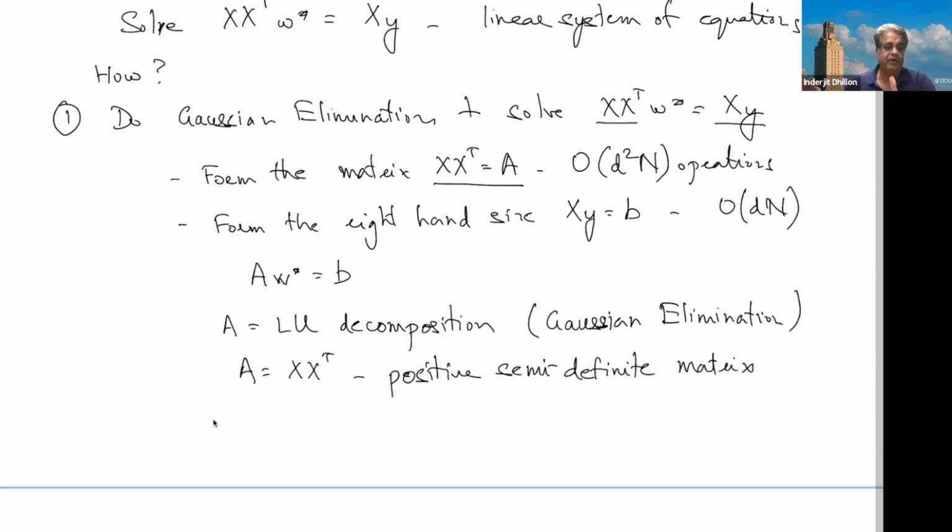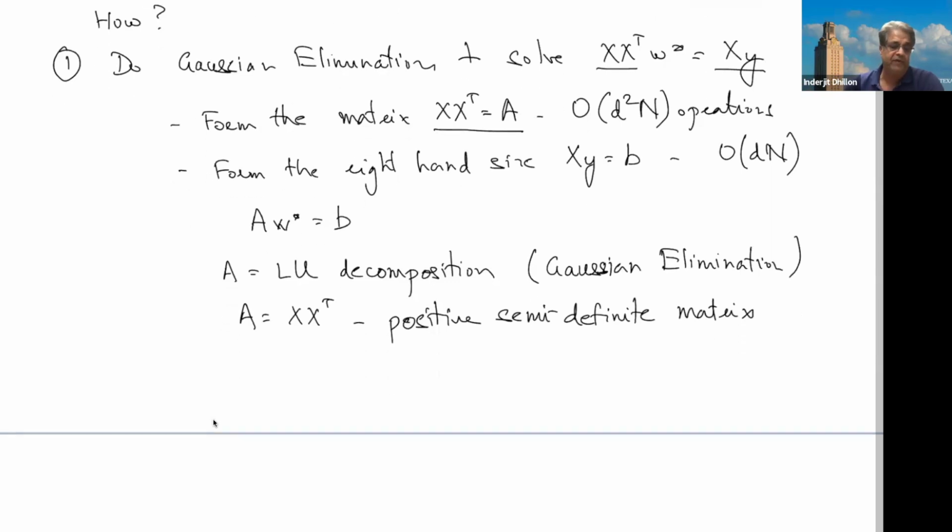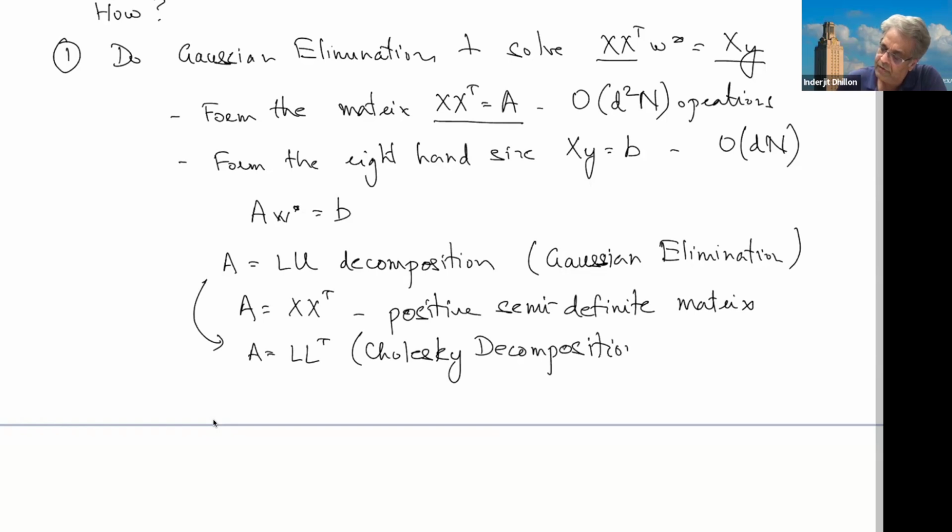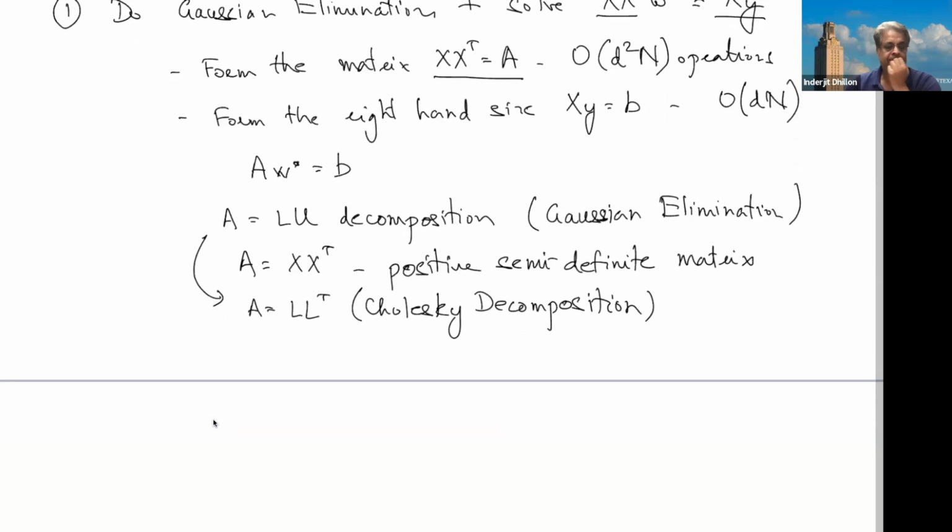When it's non-singular, it's a positive definite matrix, but it could be singular, right? And in this case, I can actually write LU decomposition as what's called Cholesky decomposition. Okay, where U basically is L transpose.